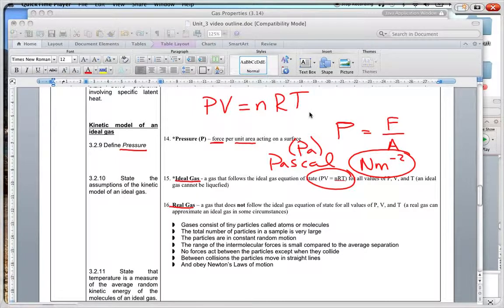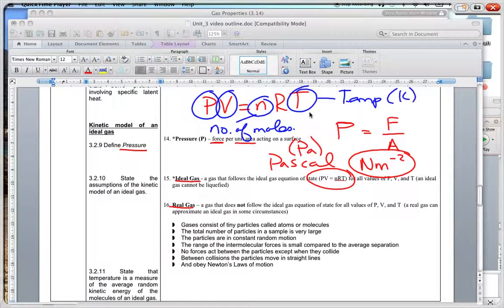You don't actually need to work with this in the standard level curriculum, but obviously P is your pressure, V is your volume, n is the number of moles, T is your temperature in Kelvin, and R is the universal gas constant. So that is the formula. An ideal gas will obey this law under all conditions. Basically, it means that the gas cannot be liquefied.